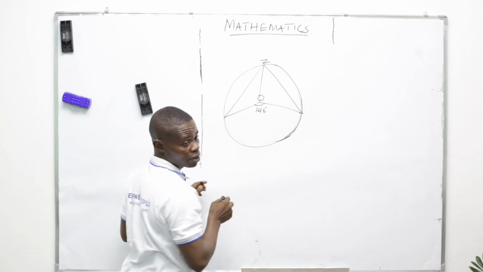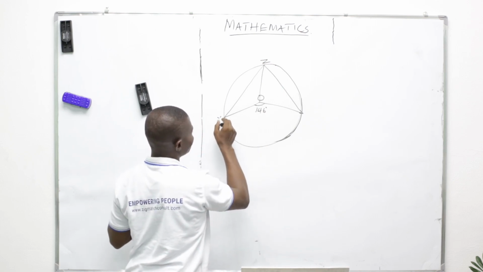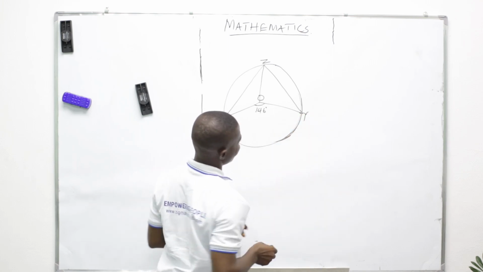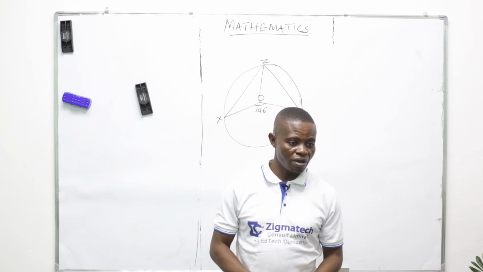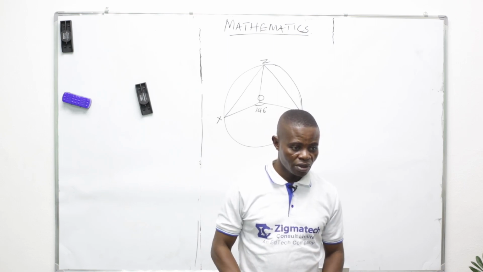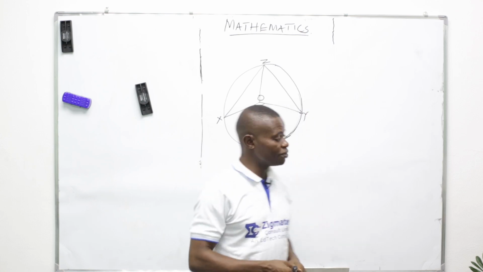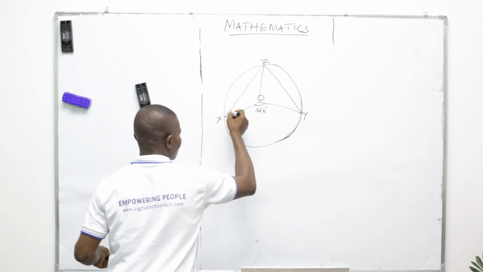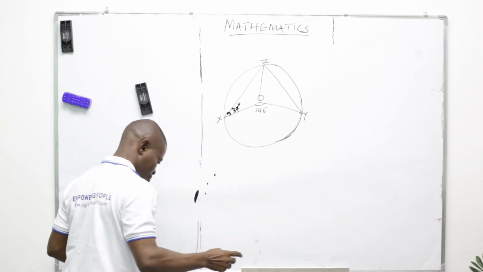This is Z, this is X, and this is Y. Our interest is to get the value of what? Angle OYZ. If ZXO is 34, meaning here is 34 degrees, okay?